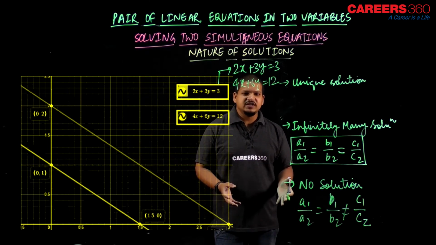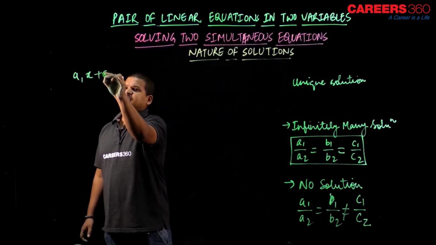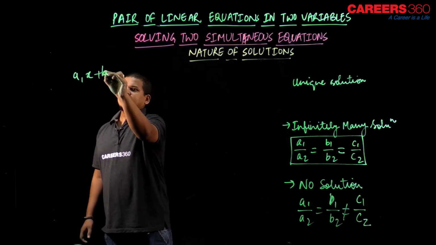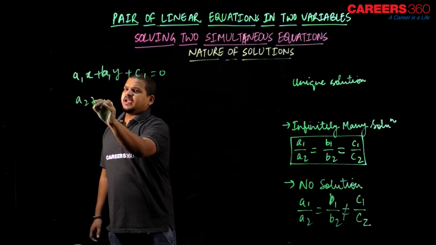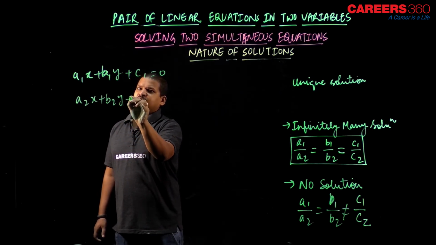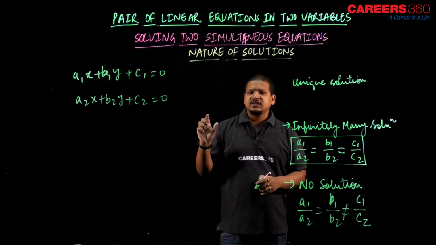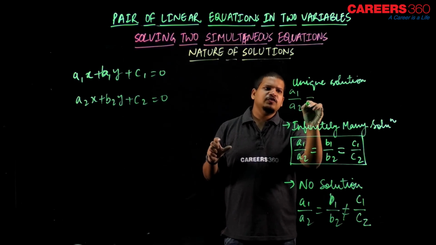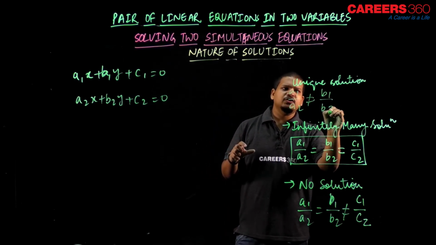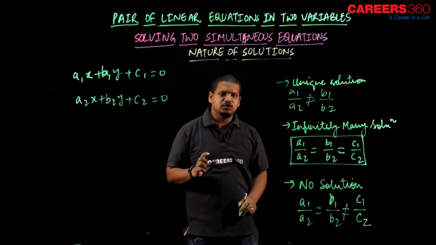So let's just summarize all of these once. If the equations are a1x plus b1y plus c1 is equal to 0 and a2x plus b2y plus c2 is equal to 0, then in case of a unique solution, which we have already seen, a1 upon a2 will not be equal to b1 upon b2. If there is such a condition, then there will be a unique solution.